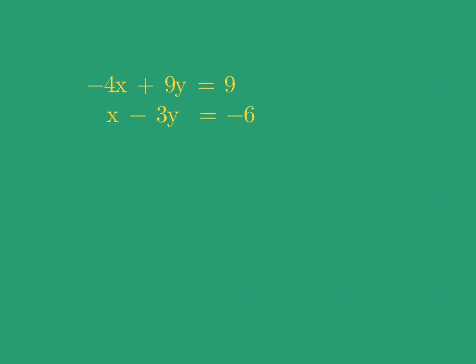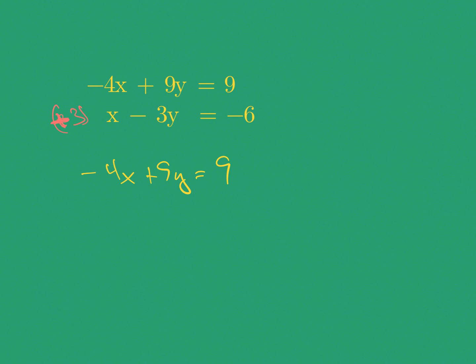So we're going to change this negative 3 into a negative 9. What we're going to do is multiply the bottom equation by positive 3. Sorry about that. The top equation stays the same. The bottom equation, we're going to multiply all the way through by positive 3.